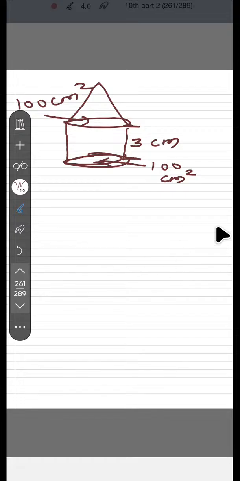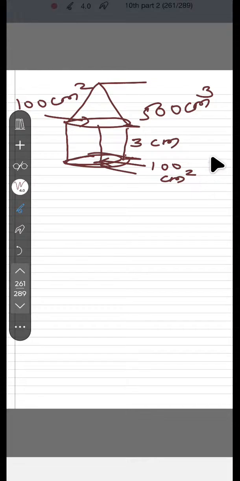Now the cone is placed upon the cylinder, the volume of the solid figure so formed, it means the volume from this to this, is 500 centimeter cube, they have said. Then find the total height of the figure. So the height from here to here we know, but the height from here to here we don't know. So what they said, the height of the total figure, that means the height from this to this point, we have to find out, and that is the question. Hopefully you have understood now.